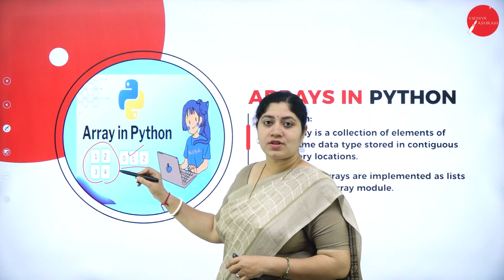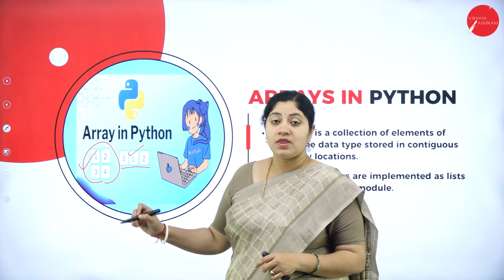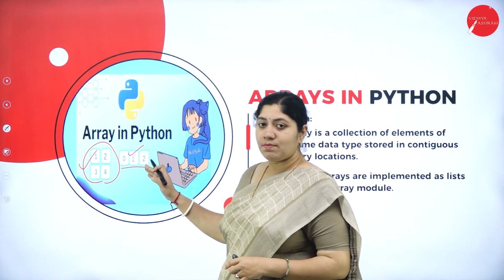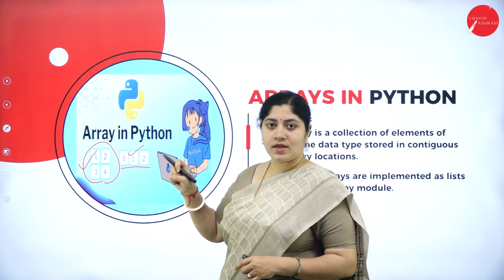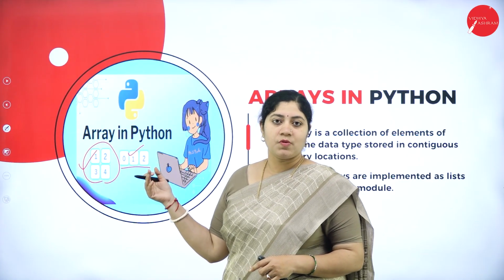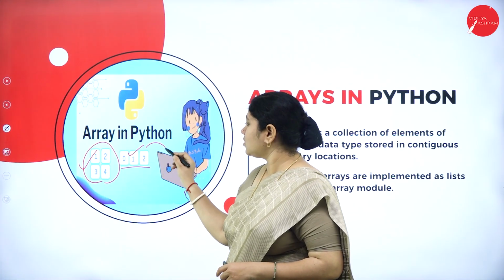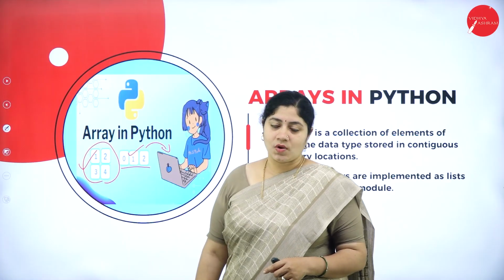Here we have considered numbers and here also we have considered numbers. Now this collection of elements is stored in some memory location, correct? And that is what an array is all about.